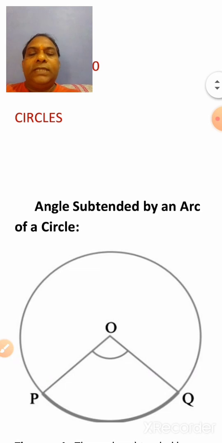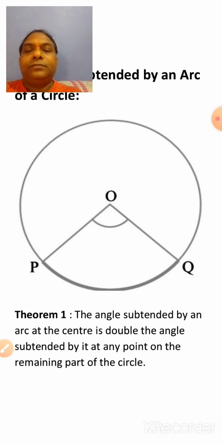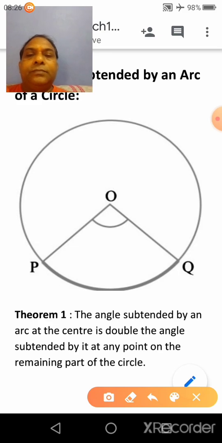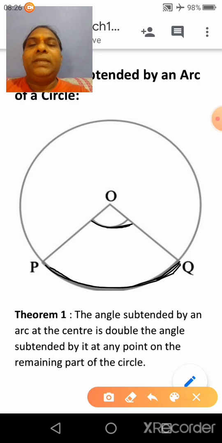So see this figure here. Arc PQ is the minor arc. So the angle subtended by the minor arc at the center is angle POQ. Clear?